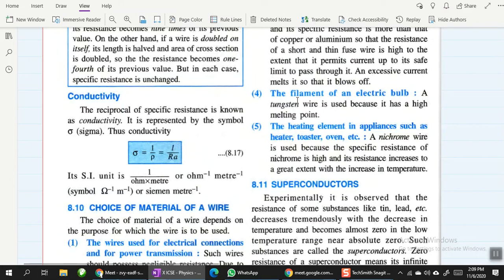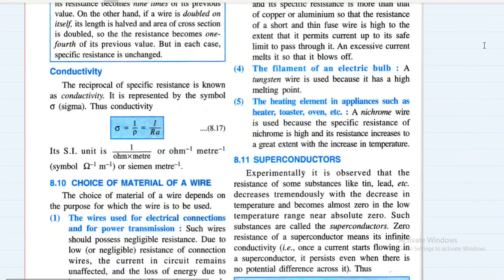It is represented by the symbol sigma, and its formula is sigma is equal to 1 by rho. Rho is resistivity. Resistance is R, resistivity is rho, and the reciprocal of rho is sigma, that is conductivity.